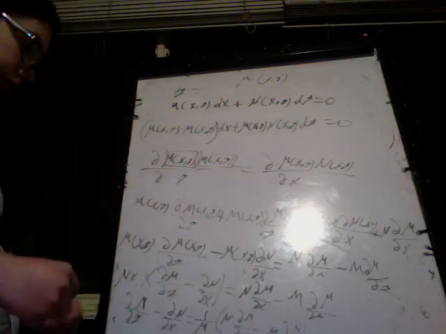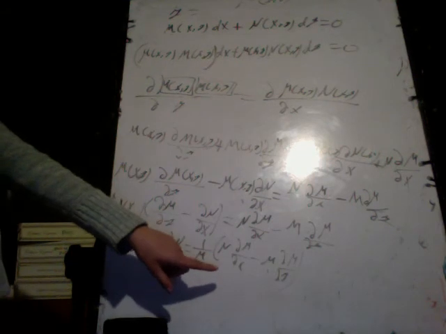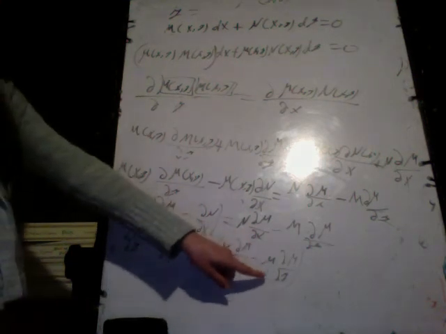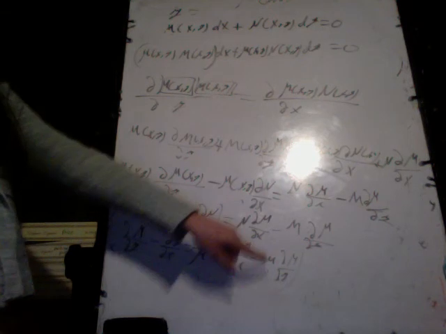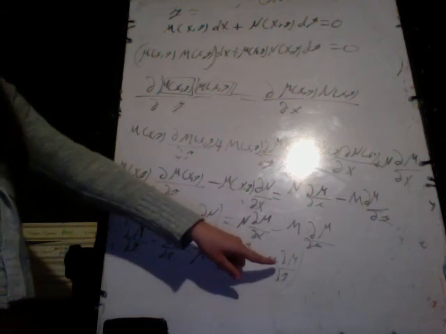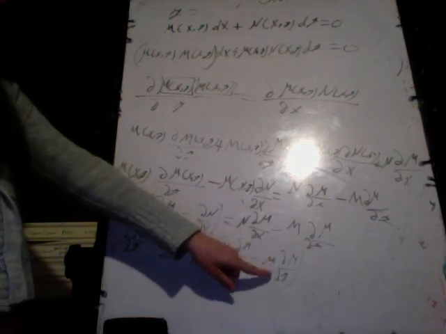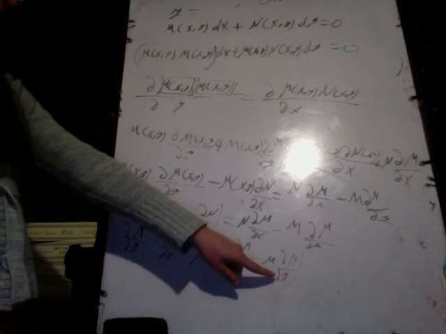Now if mu only depends on x, when you take the partial derivative of mu with respect to y, this is 0, because it only depends on x, it is like a constant when you take the partial derivative with respect to y.